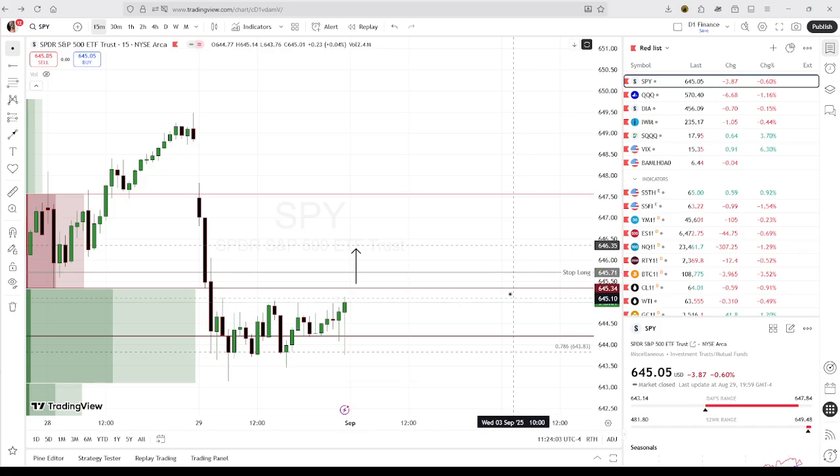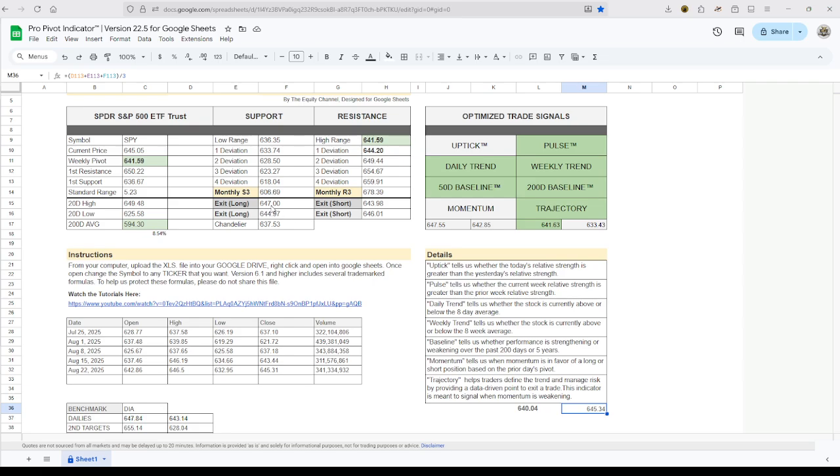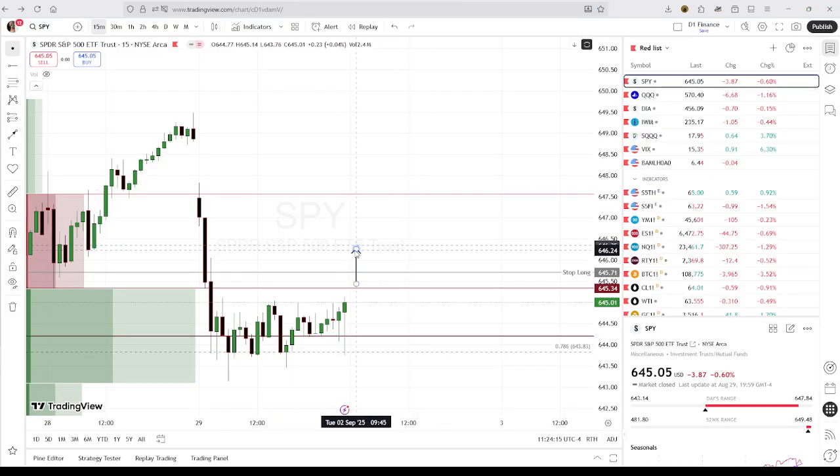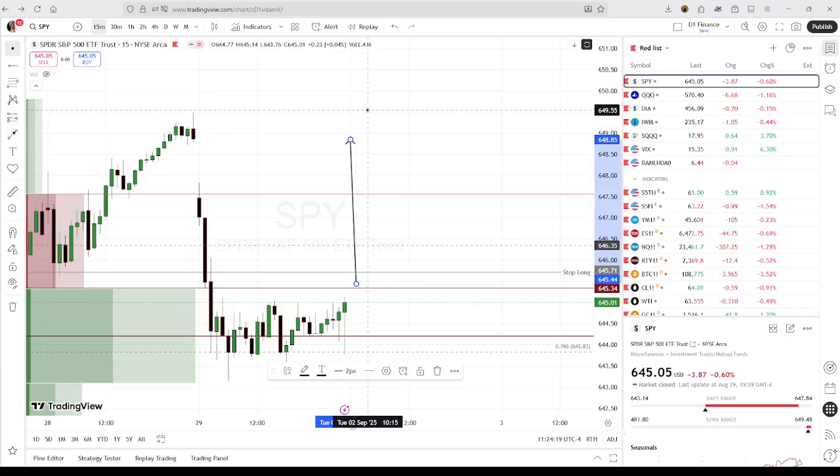That's my stop long. Let's say we're hitting this level right here, 645.35. Matter of fact, no, let's say we're hitting a new high here at around 649.